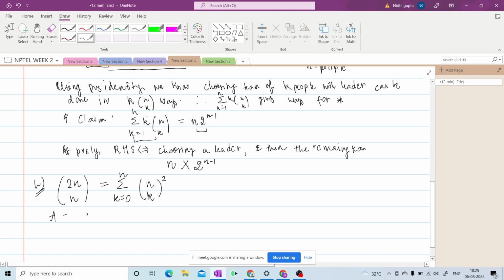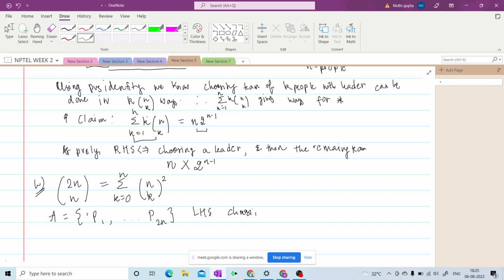Suppose my A is P1 till P2n. So the LHS is easy. LHS is just choosing n elements from A, or if P1, P2, up to P2n are people, n people from 2n people.